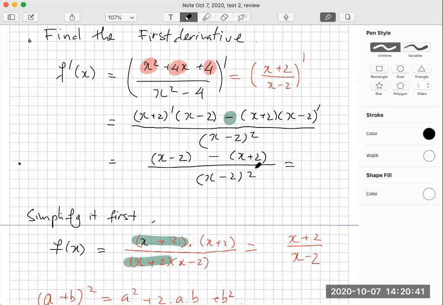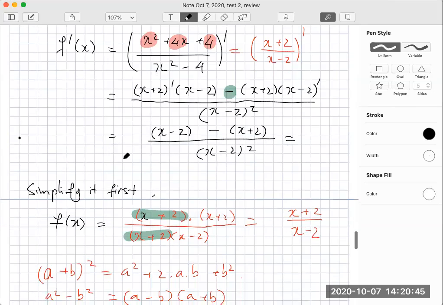We simplify it, right? We open the parentheses right here, so be very careful. It is x minus 2 and what is it? Yes, minus x minus 2. Very good. x cancels with x, and the two negatives give us negative 4.